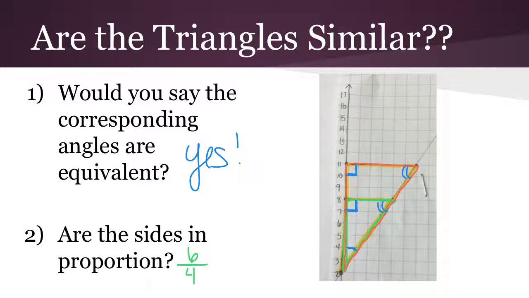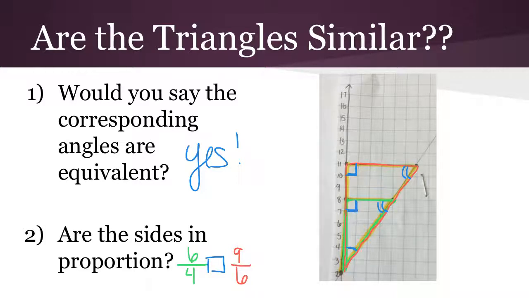So the top to bottom compared to the left and right sides are 6 to 4 on the little guy. Let's see on the big guy. If I counted up, I'd have 1, 2, 3, 4, 5, 6, 7, 8, 9 up, and 1, 2, 3, 4, 5, 6 over. And I want to know if these are in proportion.